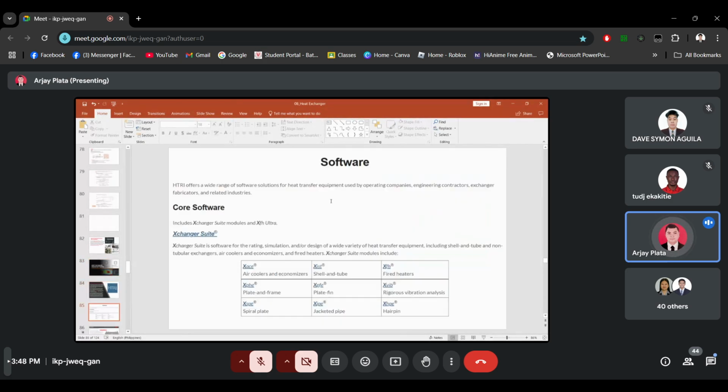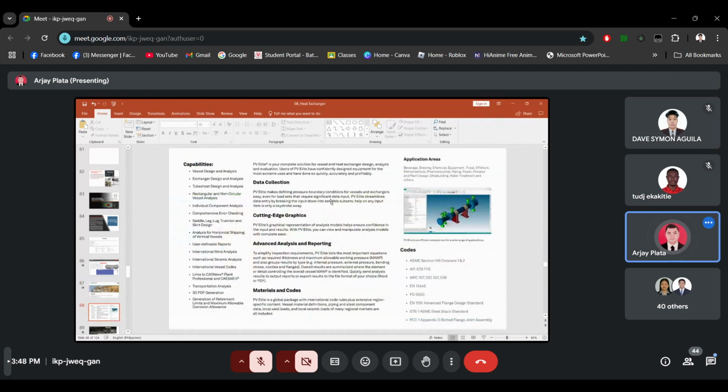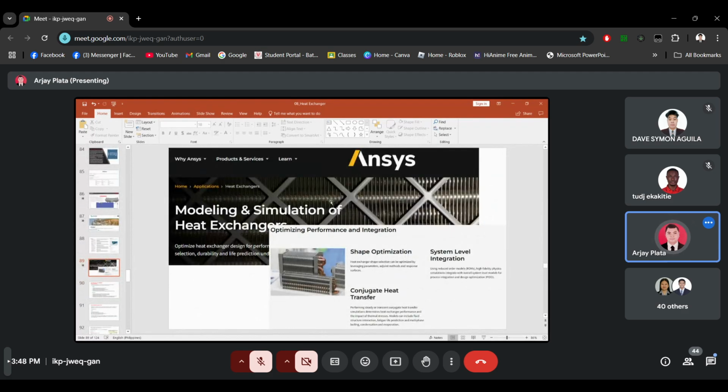It could be ANSYS or any other software. In simulation, you can use a 3D model created from other software, for example SolidWorks, and import that model to simulate in ANSYS.